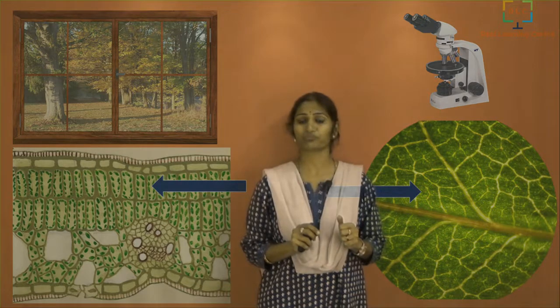If you see the structure of the leaf clearly, you can see there is one outer layer, the top layer, which we call the upper layer, the dermal layer. We call it epidermis. So we see the outer layer, which is kind of protective in nature.